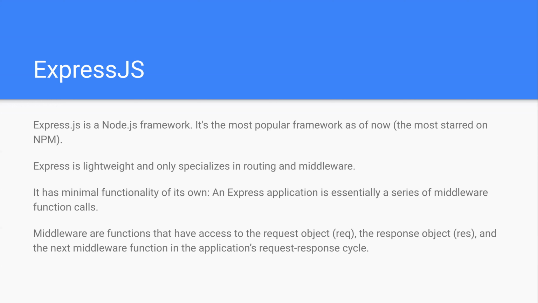We need different plugins for different tasks. Next week, we'll go through some common libraries and plugins we can use with Express. So let's try to create our first Express server.